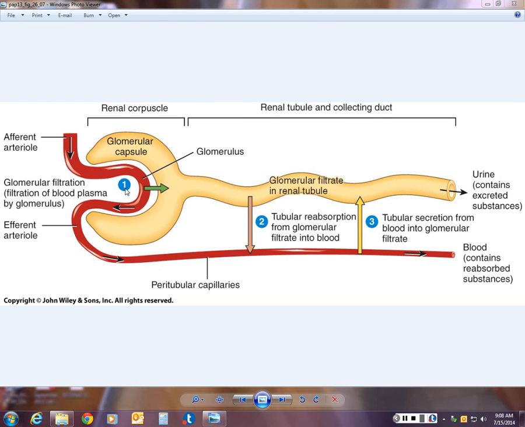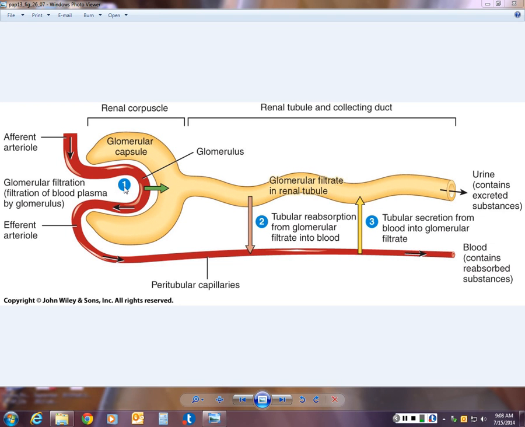So, the first process occurs within the renal corpuscle, and that process is called glomerular filtration. With glomerular filtration, this is a process of basically filtering blood. This process is an indiscriminate one, meaning that when you look at the filtration of blood during the process of glomerular filtration, blood, once it is filtered, possibly useful items like glucose and water and a variety of other items will be filtered along with waste products.